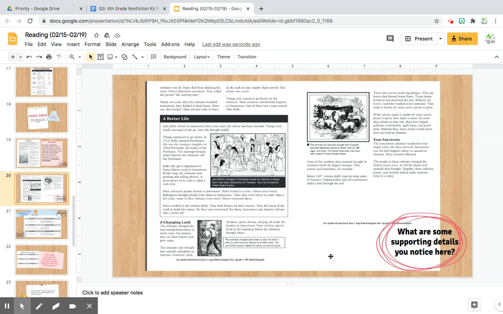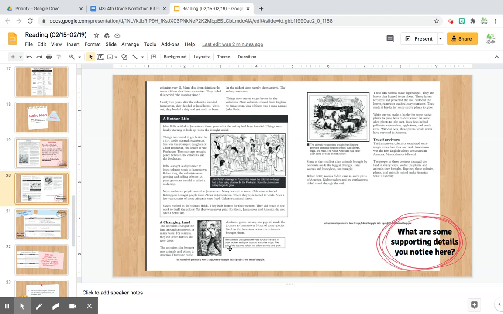And while worms made it harder for some native plants to grow, honeybees made it easier for some alien plants to take root. Busy bees helped pollinate watermelon, apple trees, peach trees, and without bees, these plants would have never survived in America. So even though I know the main idea is more about the changing land and how the colonists changed the land of the Americas, it also kind of presents a little bit of a problem solution.